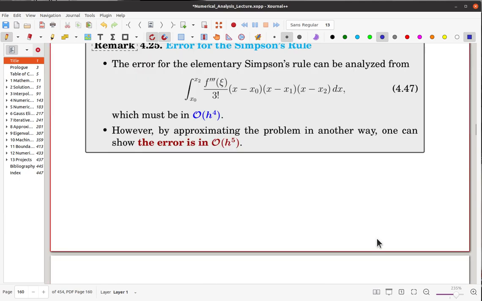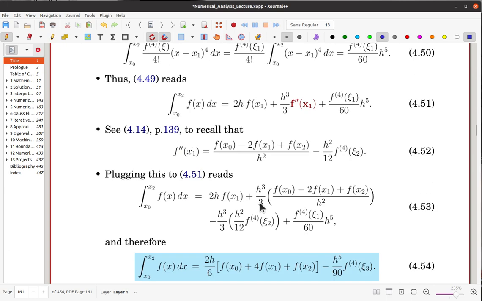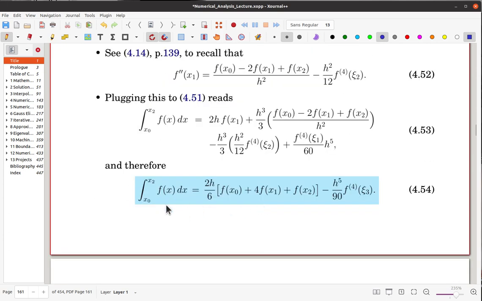And earlier, we said that by using another technique, we can get the error in order 5. So that is exactly the Taylor series expansion technique. Okay, so locally, for each 2 subintervals, the elementary Simpson's rule will have error of order h to the 5.